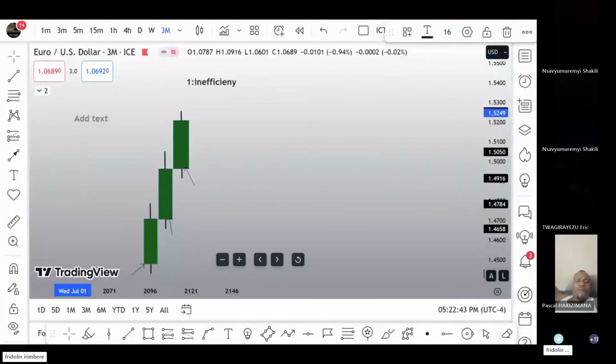Hano ikintu kiza kudufasha ni open na ni high na low ya candlestick. High na low ya candlestick. Ni kuvuga muri kino gihe ikintu kigiye kudufasha ni high na low ya candlestick kugira ngo tuze kugira ya efficiency.